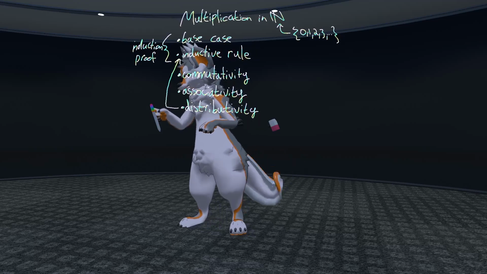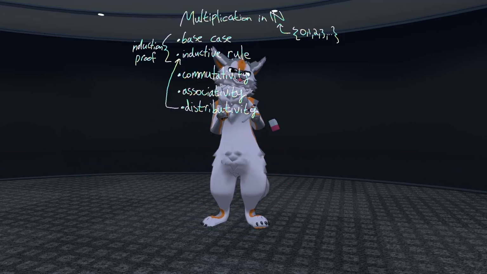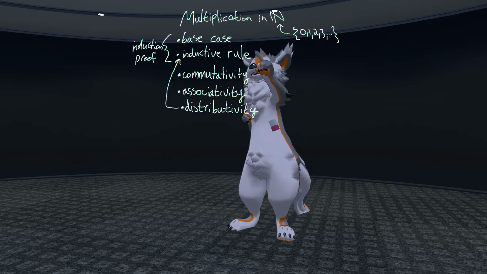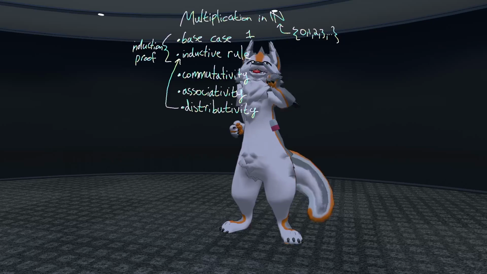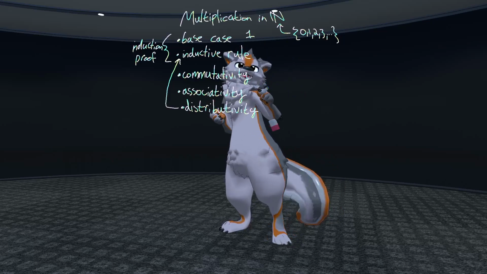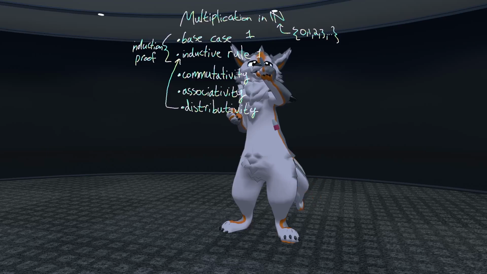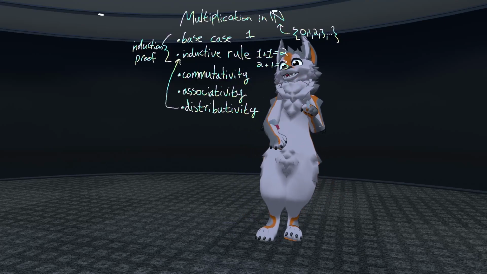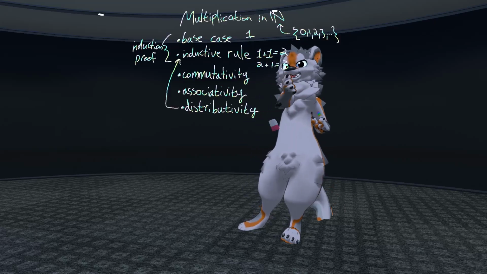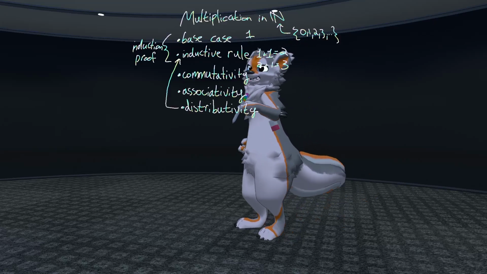So I don't know if I should maybe give an example of that. If we know that the number 1 is a natural number, right, then we always know that the successive number to 1 is also always a natural number. So for example, 1 plus 1, which is 2, that's a natural number. And since 2 is a natural number, its successor is also a natural number, so 3 is also a natural number. And because 3 is a natural number, 4 is also a natural number, and so on.